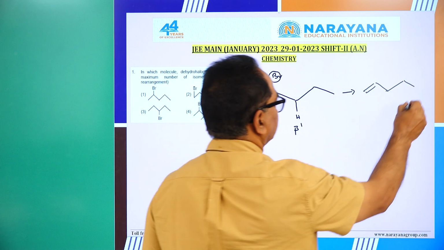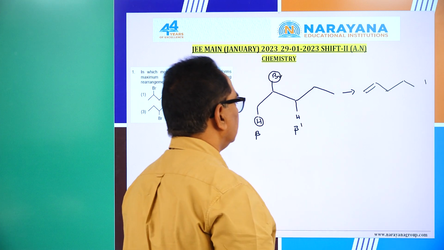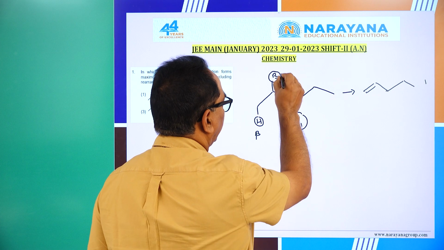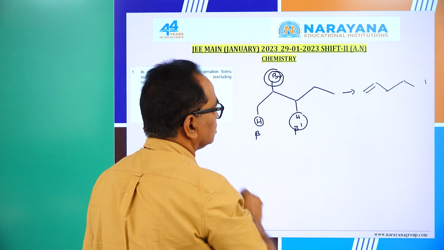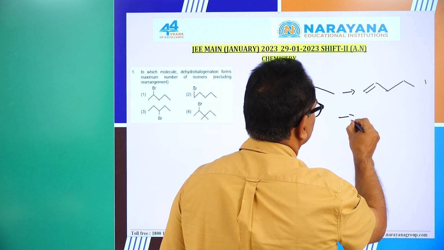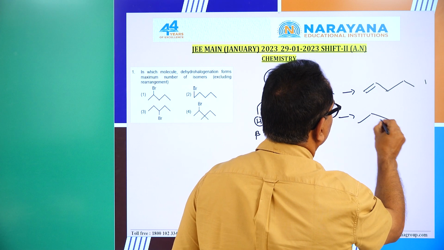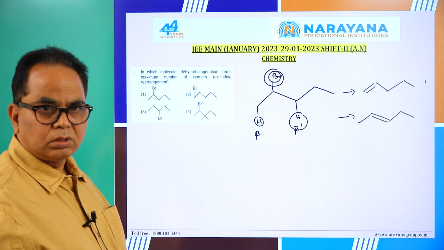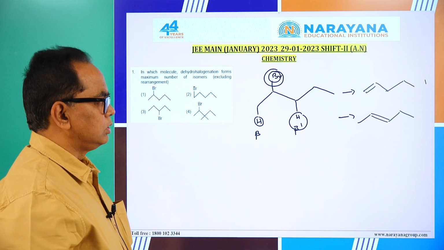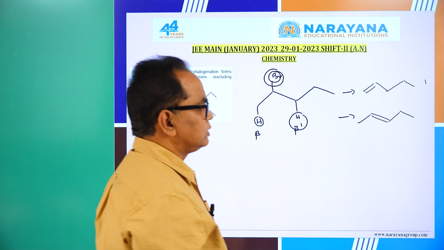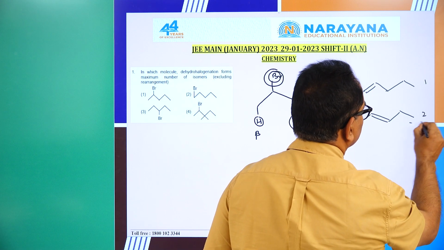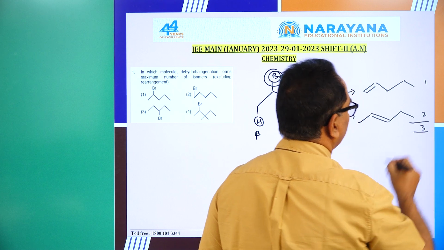For this only one isomer is possible. If this beta dash hydrogen and this bromine are removed, then we get an internal alkene, for which we can expect cis-trans isomerism. So two isomers are possible. So for the first option the total number of isomers possible is 3.